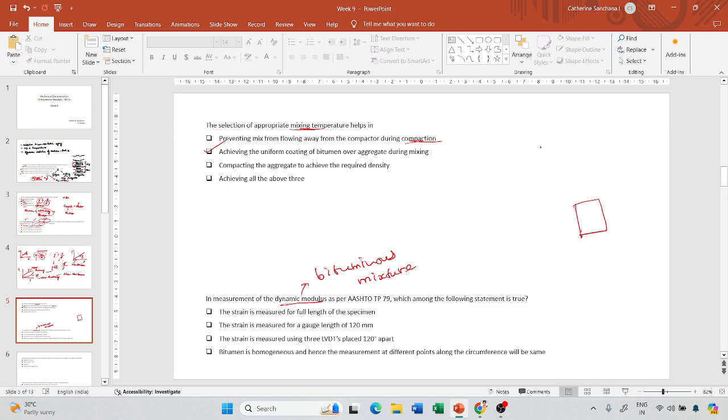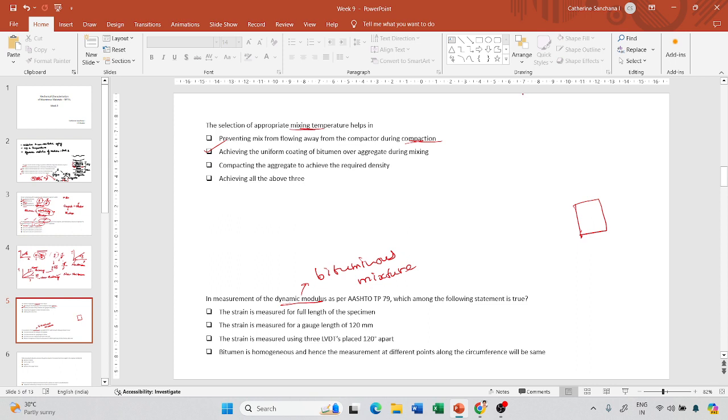The second one is a gyratory compactor, which provides a kind of kneading action, so it will also induce shear to the sample in order to compact the mixture. And the other one is a shear box compactor, which is again used for compacting with the help of shear. So here in this case we use a gyratory compactor.